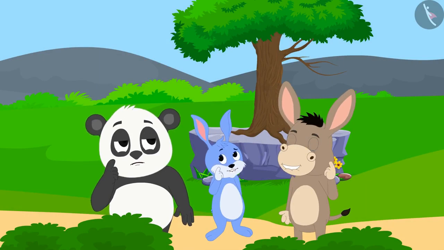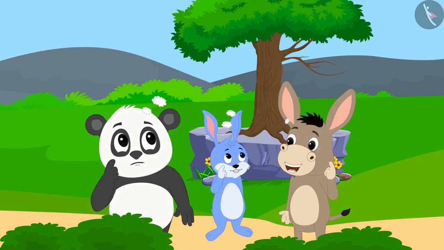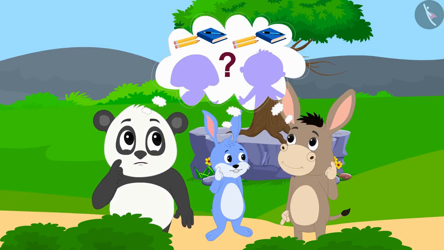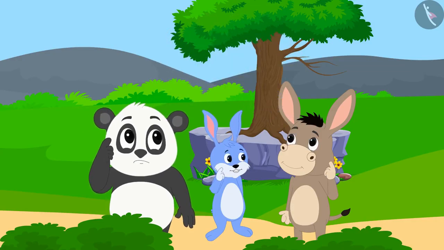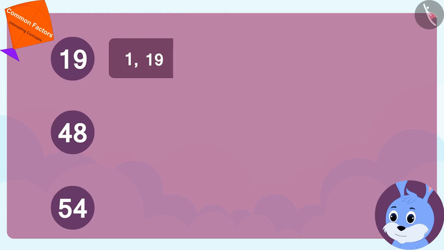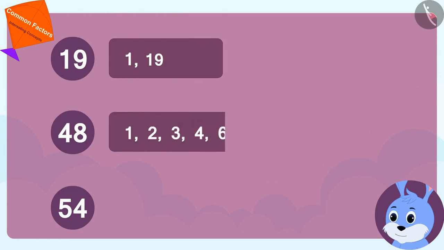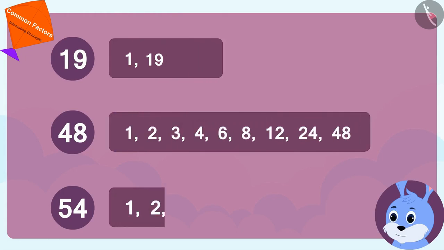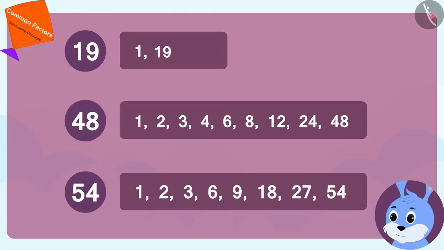Now all 3 friends are thinking as to what is the maximum number of children that they will be able to give these things to. To find a solution to this question, Bunny first wrote the factors of the 3 numbers in this way.